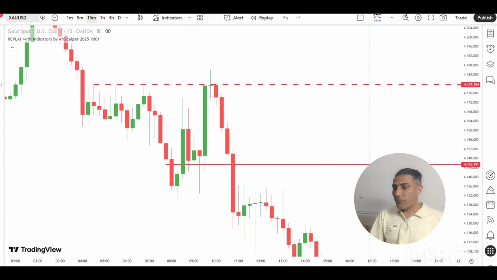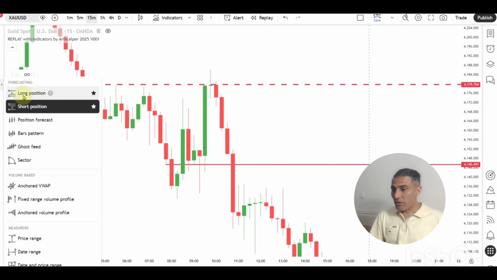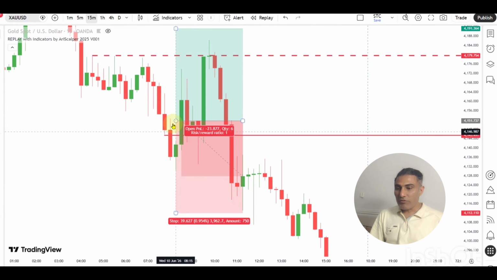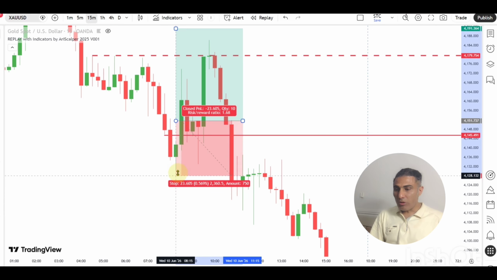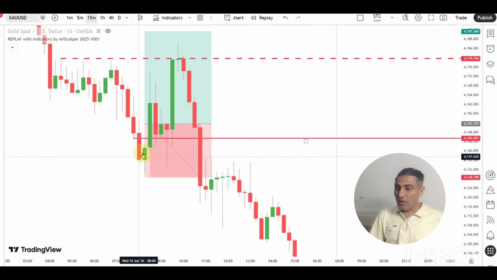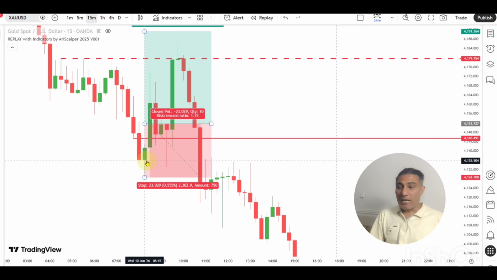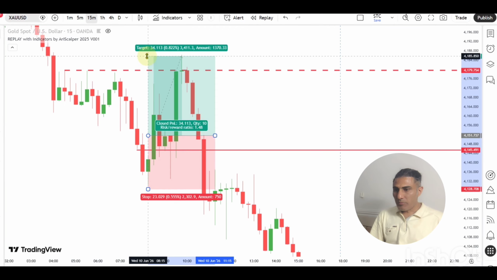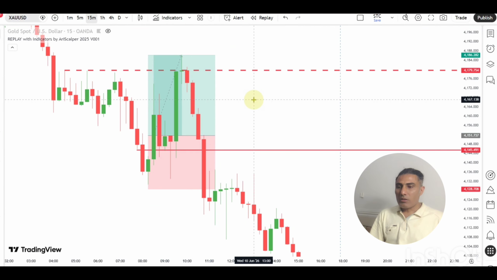So if you want to enter a long position in a situation like this, first of all you have to wait for a pullback to 50% of the candle, and your stop loss must be below this hammer, and better to exit the position at a target of 1 or 1.5.